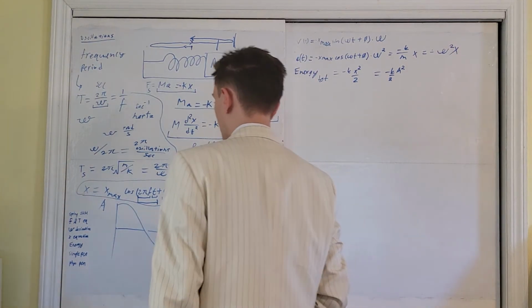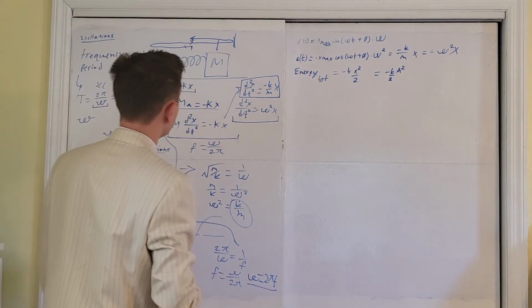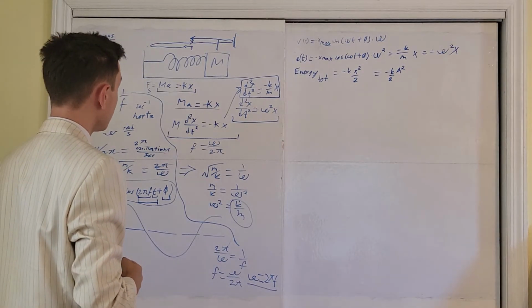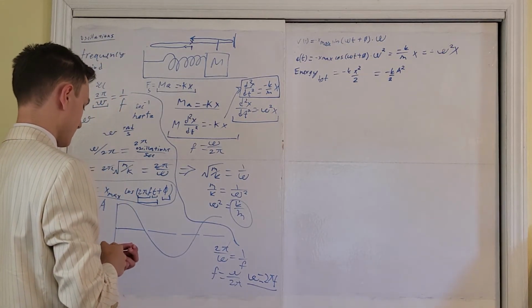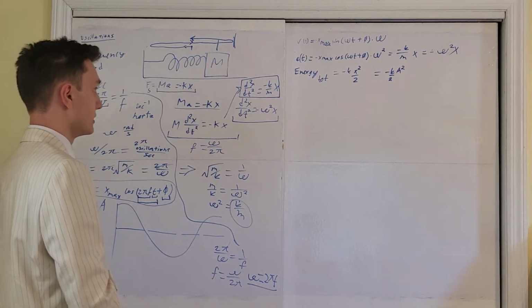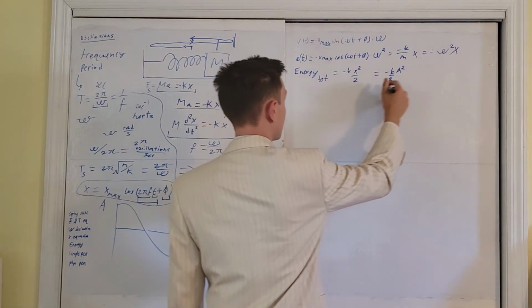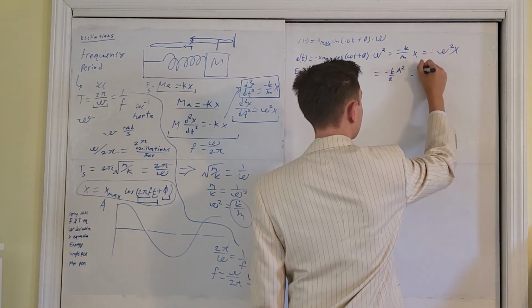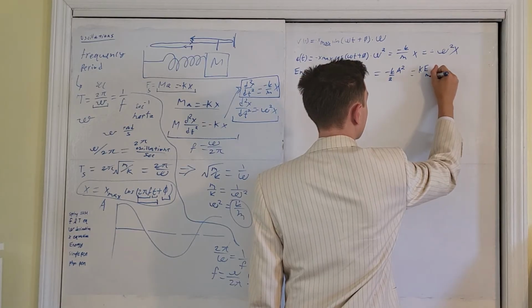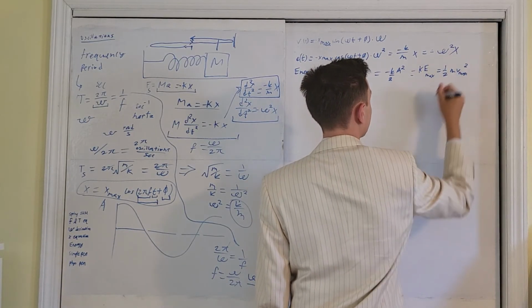Now, the other case we can consider is at the center point, at the 0 point, where there is 0 spring potential energy because the spring is not compressed or stretched from its equilibrium position, but rather all the energy is in the form of kinetic energy. So the total energy is equal to the maximum kinetic energy, which is equal to 1/2 m v max squared.